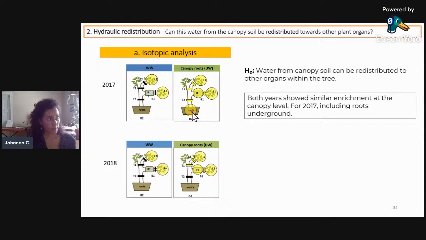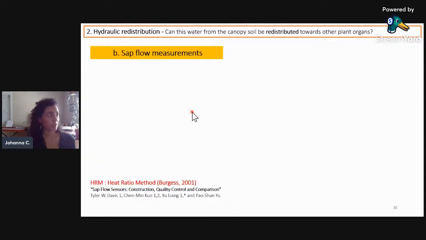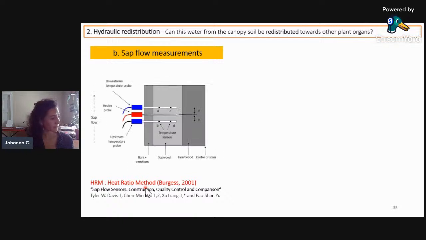We also used another method, sap flow measurement sensors, to check the velocity or the direction of that water. The sap flow sensors apply a heat ratio method.